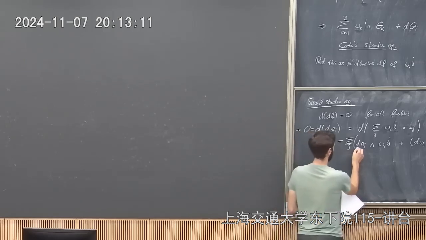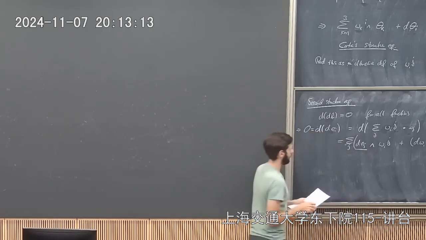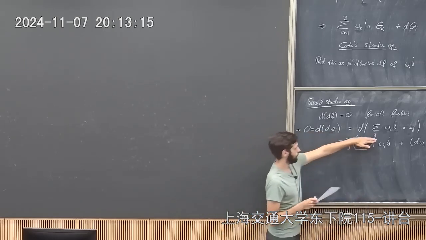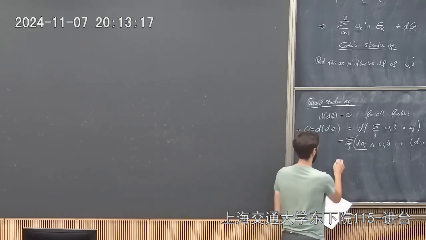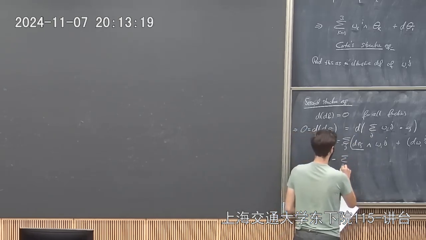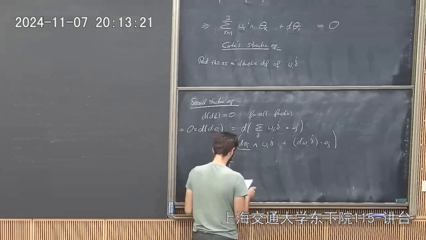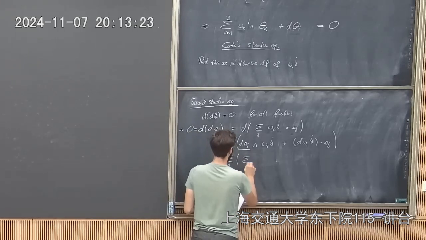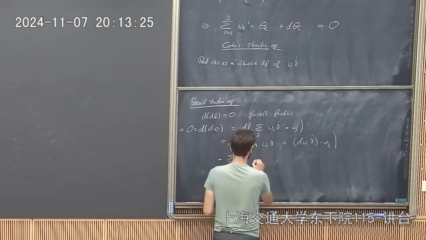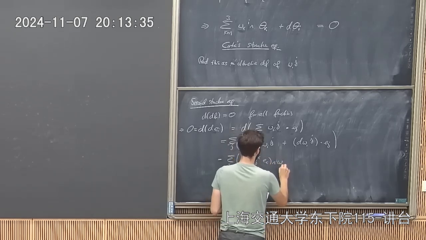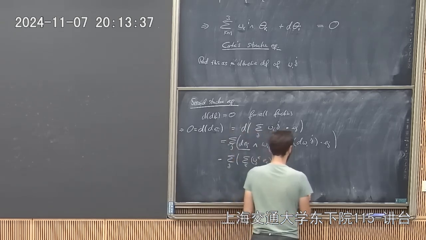And now here we can plug in the same equations again, the structure equation, to write it as the sum over k of omega_jk wedge e_k, wedge omega_ij. And here I don't change anything.